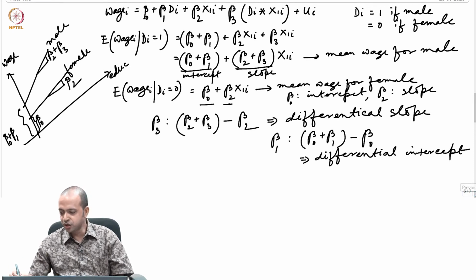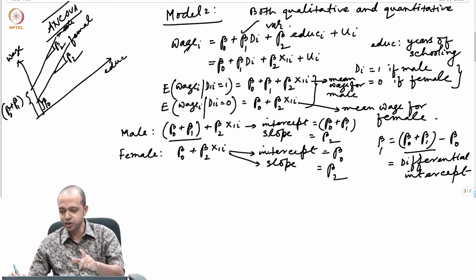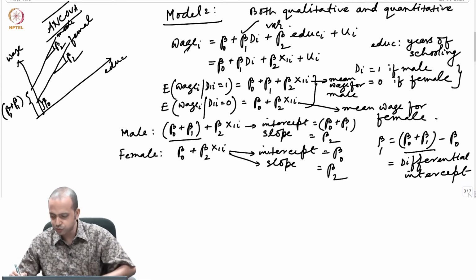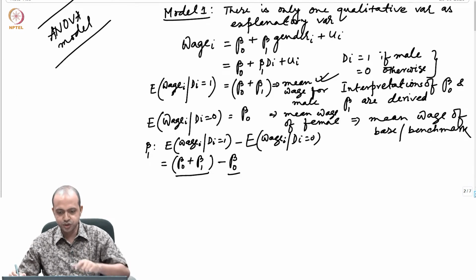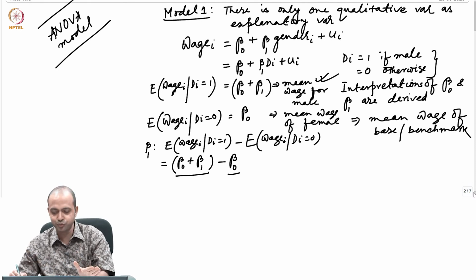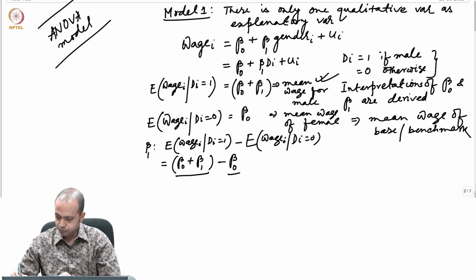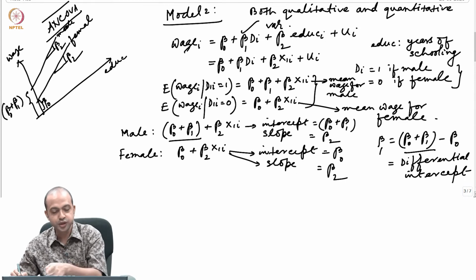So, how many models have we discussed today? Actually, we discussed 3 models. In model 1 we said there is only one qualitative variable, gender, and there is no covariate; that is called the ANOVA model. Then in model 2 we have both qualitative and quantitative variables.